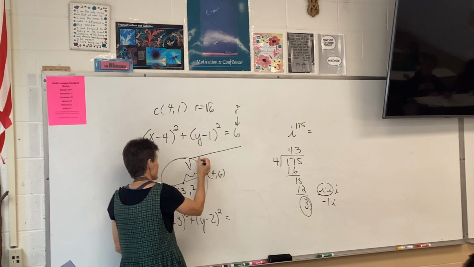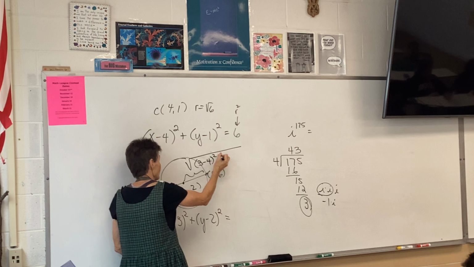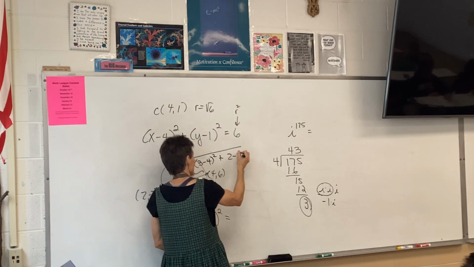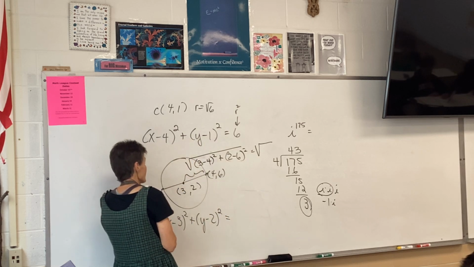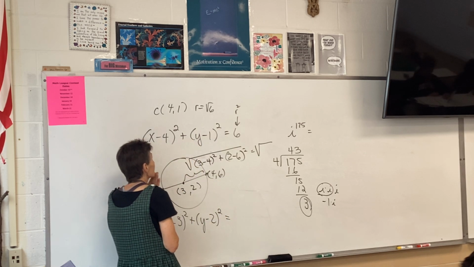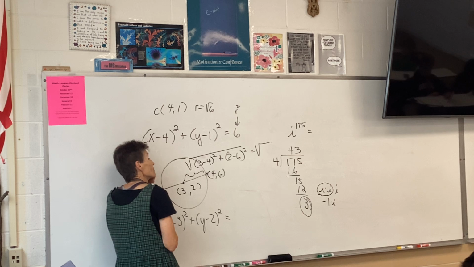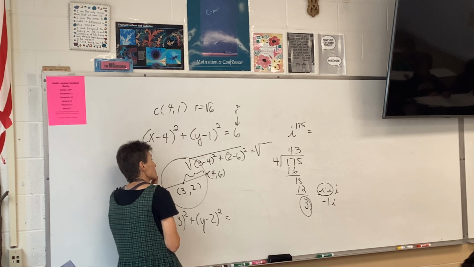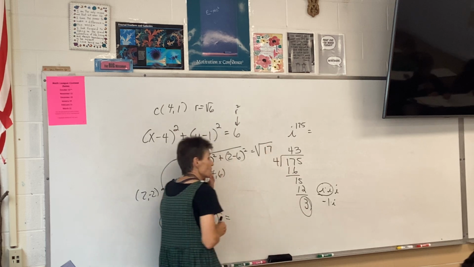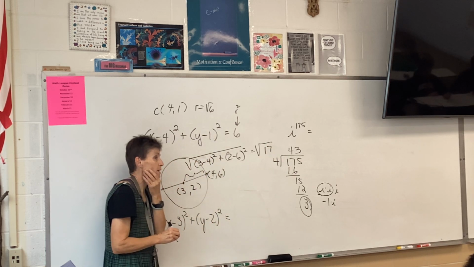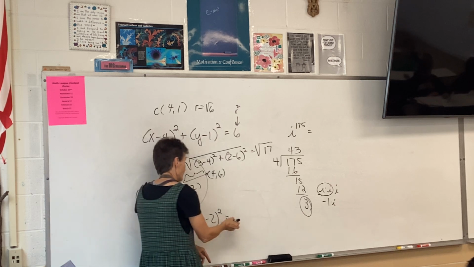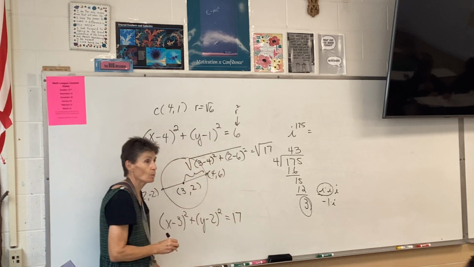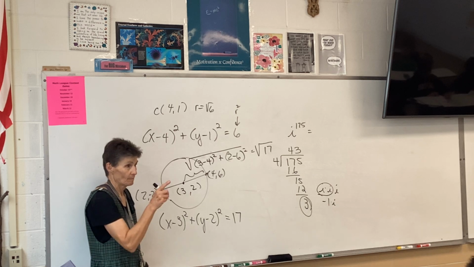So (3 minus 4) squared plus (2 minus 6) squared, and figure out what that is. I got 17. So the radius is the square root of 17. So what do I put here? 17, r squared is 17.